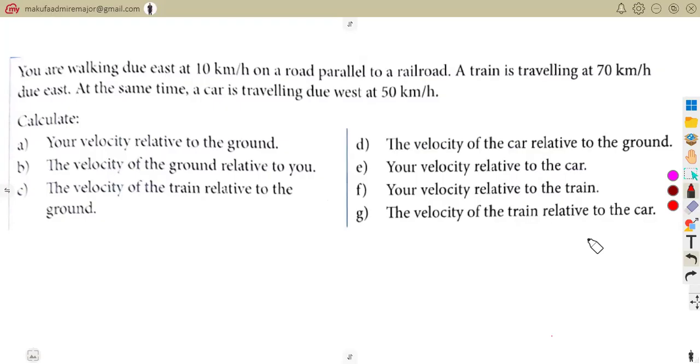You are walking due east at 10 kilometers per hour on a road parallel to a railroad. A train is traveling at 70 kilometers per hour due east. At the same time, a car is traveling due west at 50 kilometers per hour.